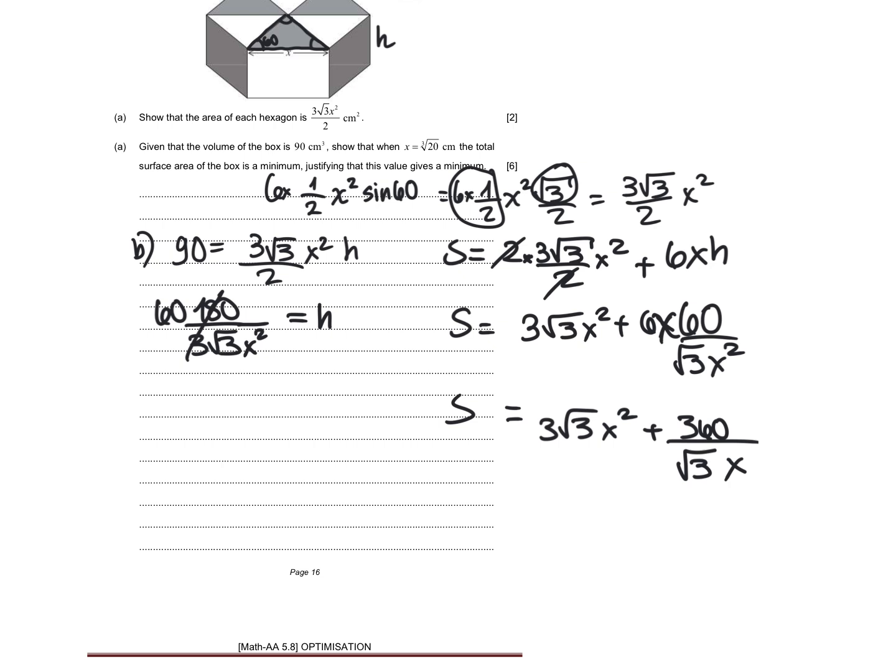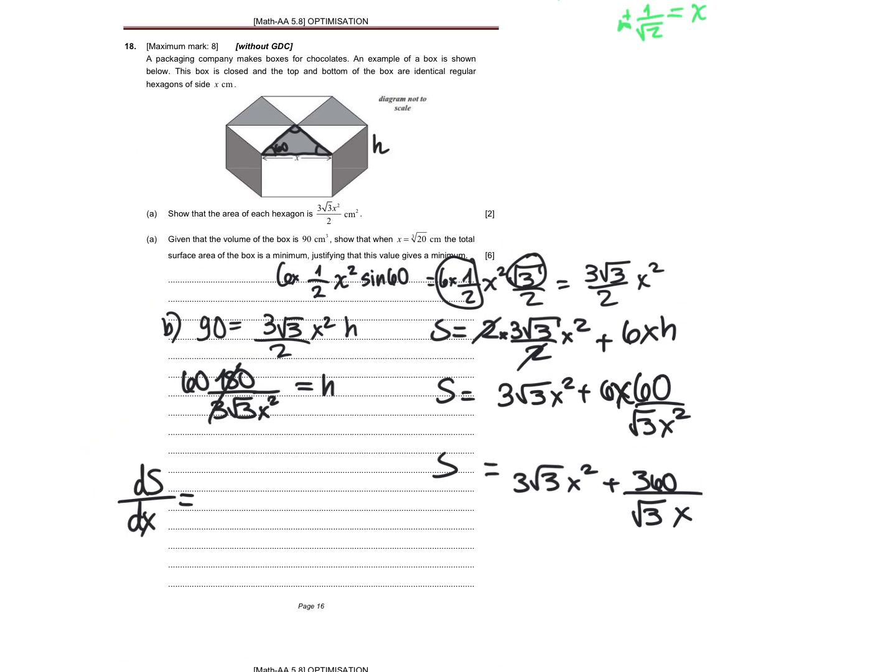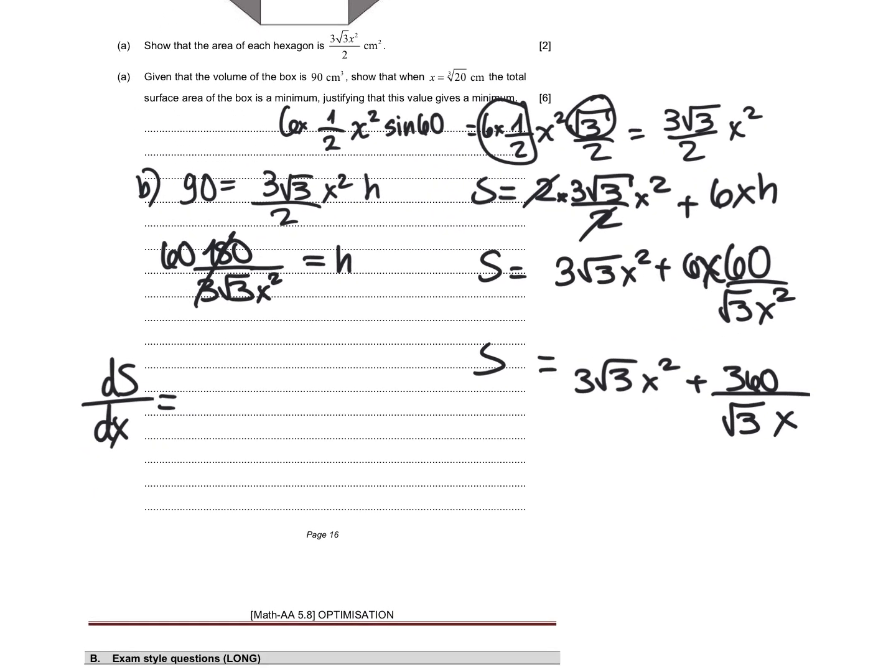Now we want the minimum. So we're going to do dS with respect to x and set that equal to 0. This is without graphing calculator, by the way. So we have 6√3 x minus 360 over √3 x squared on the bottom. Set this equal to 0.